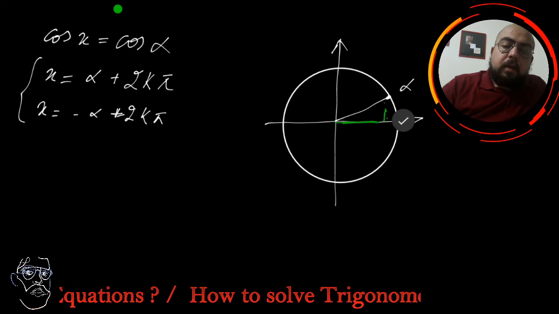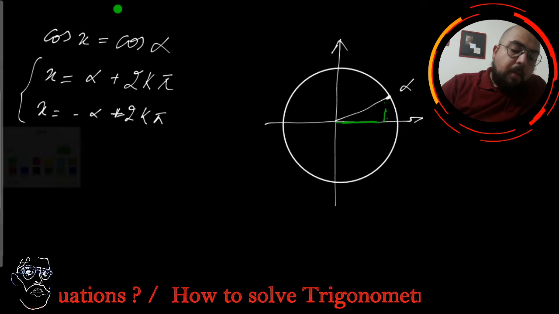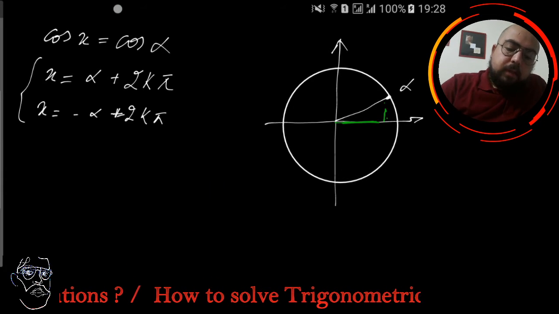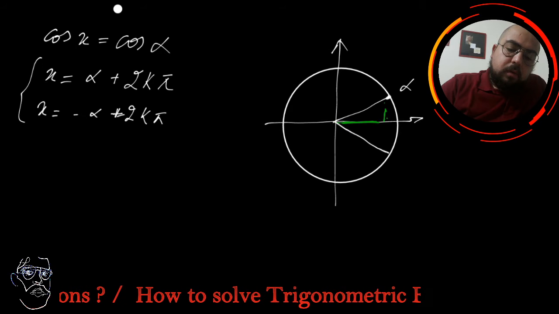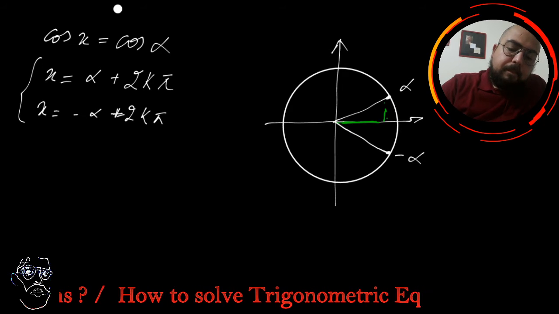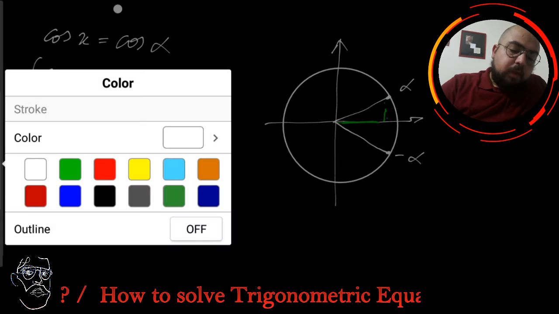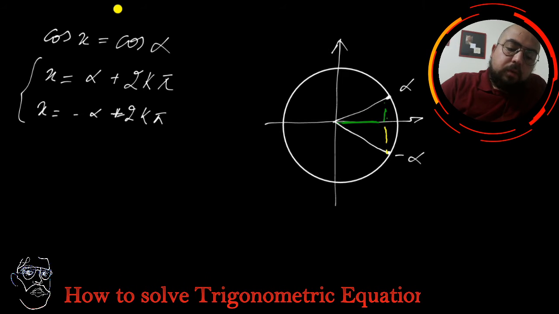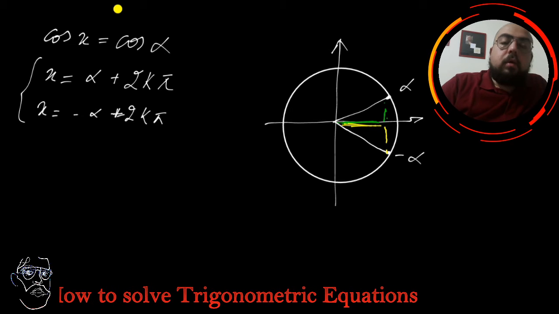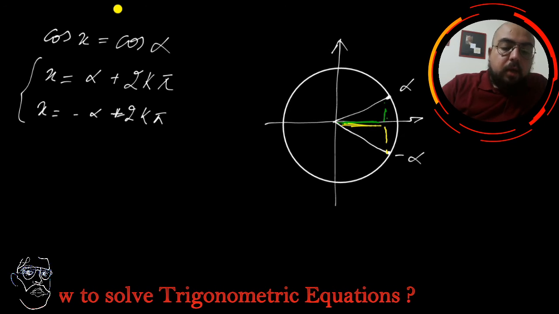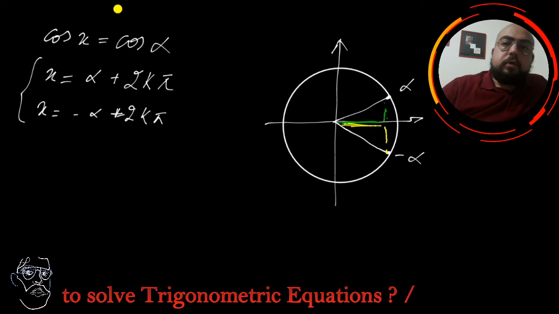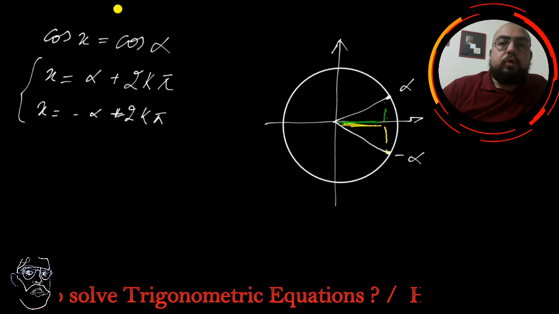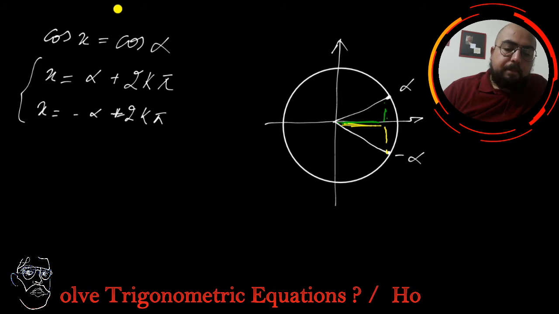It's the same thing for minus alpha. So minus alpha is here. Whenever I calculate cosine of minus alpha, it's going to give you the same segment, which is here. That's why x could be alpha plus 2k pi, or x is equal to minus alpha plus 2k pi.